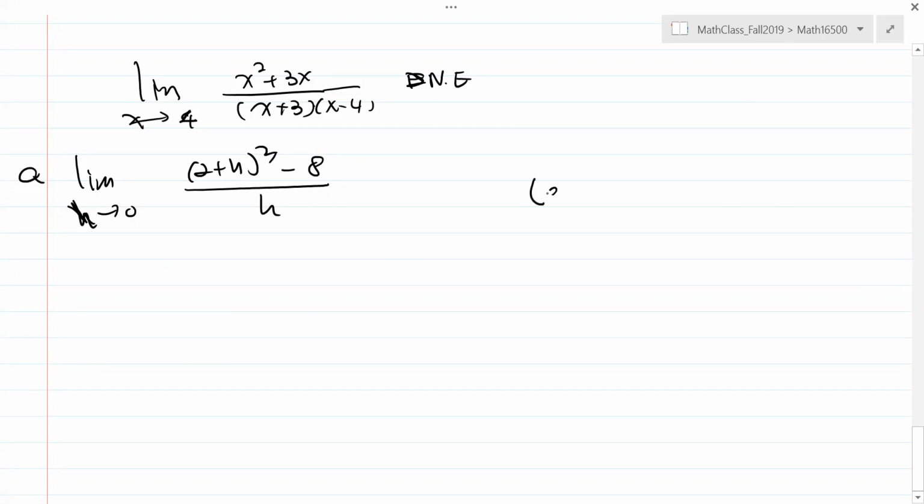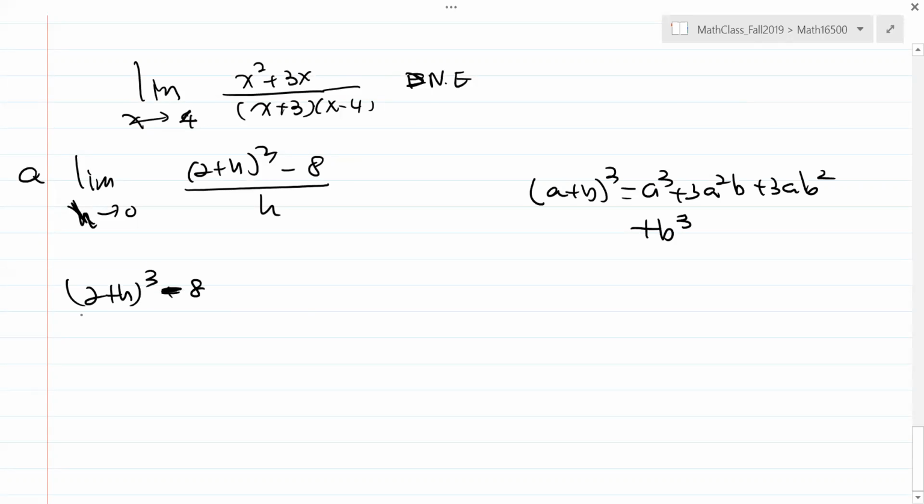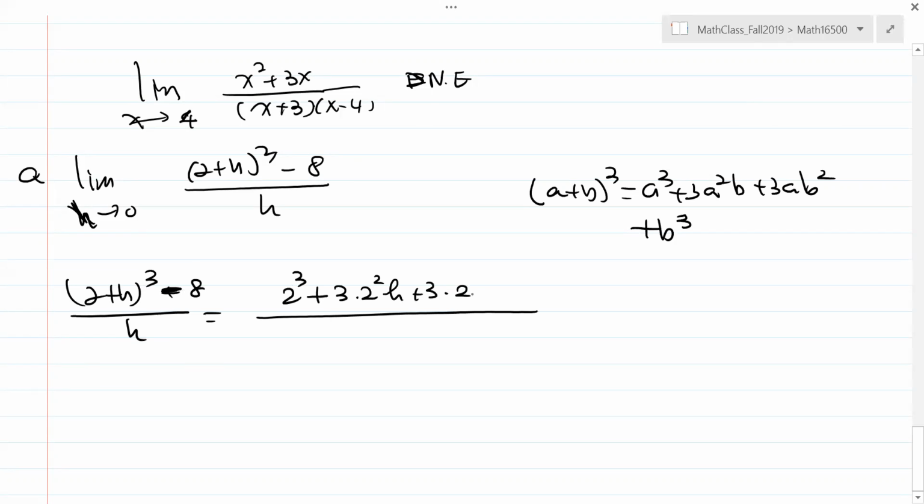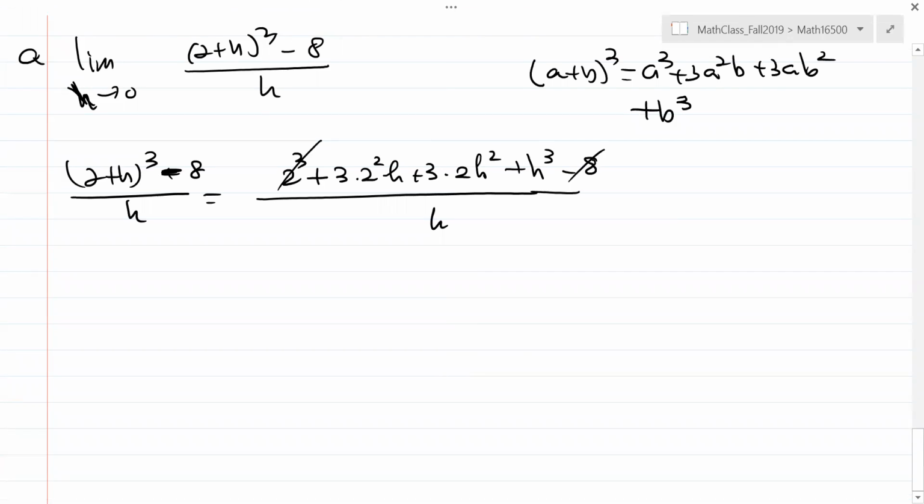The formula we need is (a plus b) cubed equals a cubed plus 3a squared b plus 3ab squared plus b cubed. So (2 plus h) cubed minus 8, divided by h, is going to be 2 cubed plus 3 times 2 squared h plus 3 times 2 h squared plus h cubed, minus 8. So now the numerator contains h. Every term contains h.